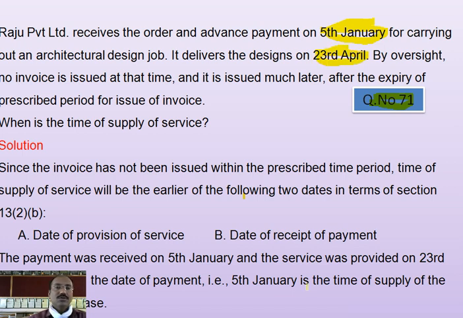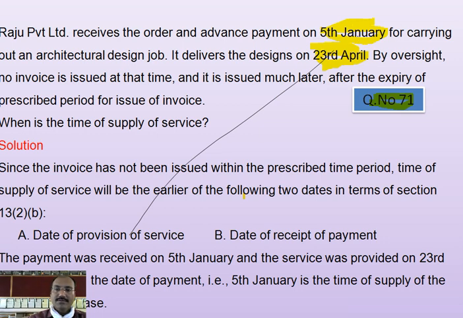By oversight, no invoice is issued. If the invoice is not issued, I said that the tentative provision of service is to be considered. So the provision of service date is 23rd April.